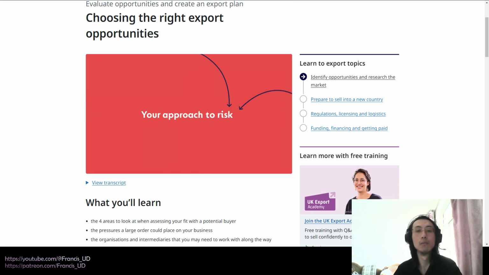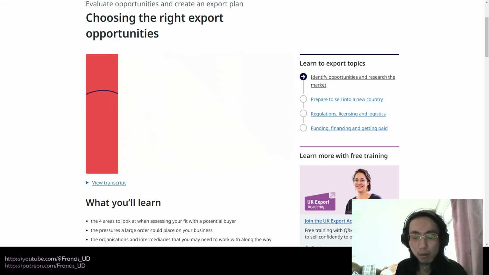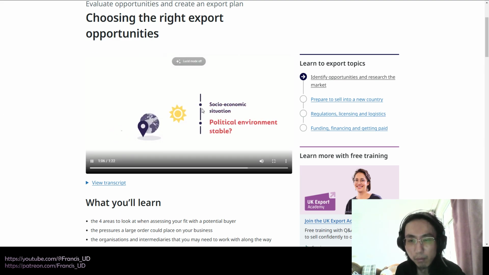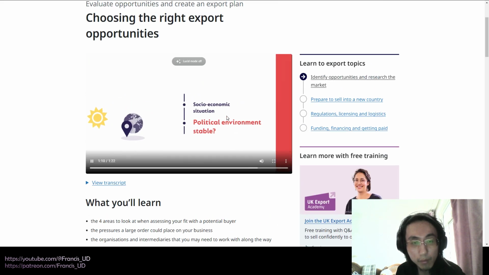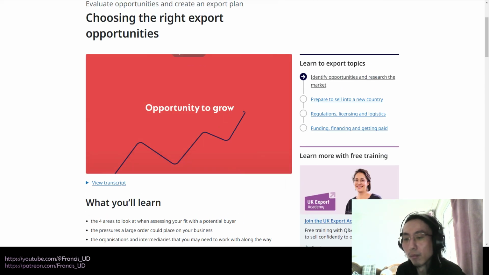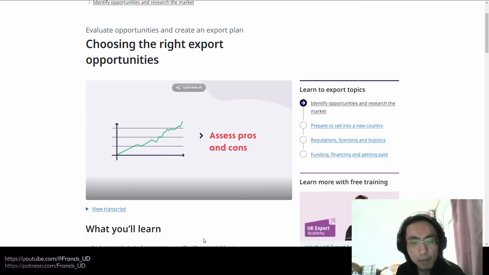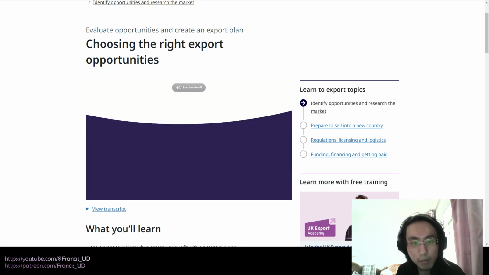Then it's time to analyze your approach to risk. You'll need to consider the socio-economic situation of the market. Is the political environment stable, or could there be sudden changes, for example? Finally, could this be an opportunity to grow? So it's assess the pros and cons carefully, and if necessary, seek help.